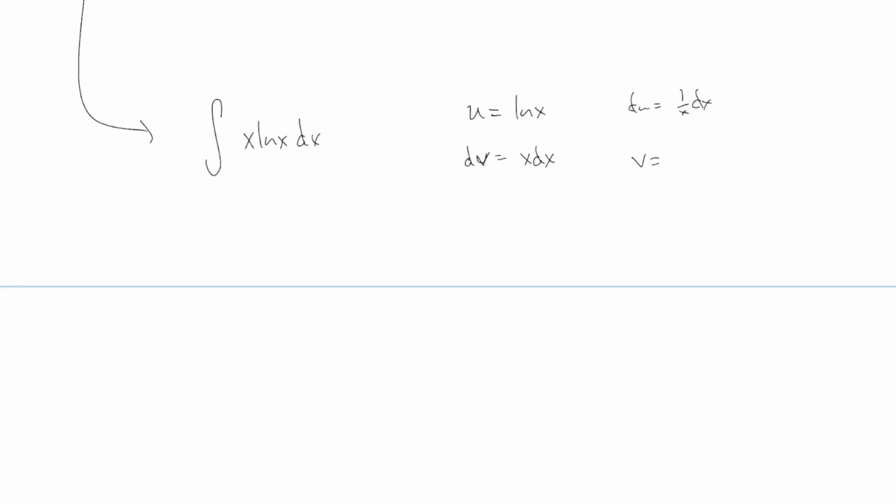And then the v will be the integral of x, which is 1/2 x squared. People settled on this eventually. And then I do the formula, uv minus integral v du, which is ln x as the u, v is 1/2 x squared, minus integral v is 1/2 x squared, times du is 1 over x dx.